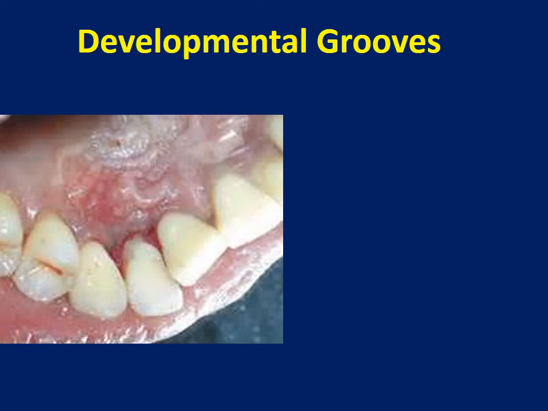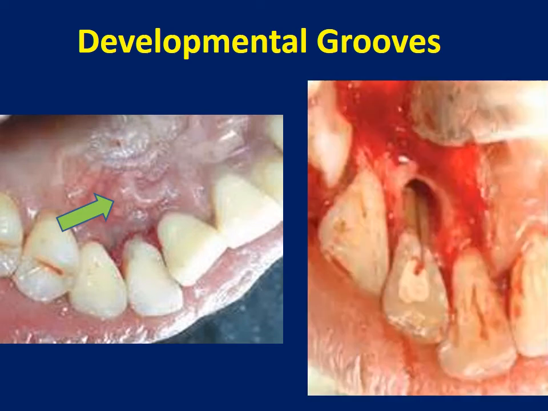Among the endo-perio relations, one of them is the developmental grooves. This happens mostly on the palatal side of the maxillary lateral incisor. You can see there's a periodontal lesion here, but the tooth seems very healthy. It is vital, but we've got signs of periodontal problems. By reflection, you can see that this is a groove.